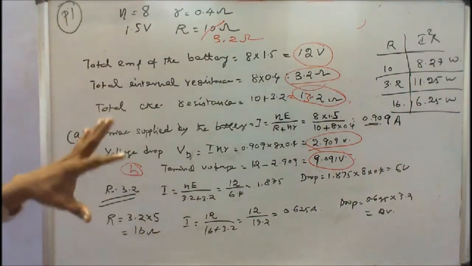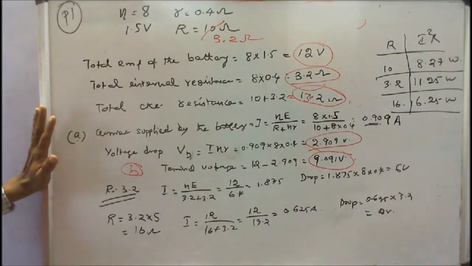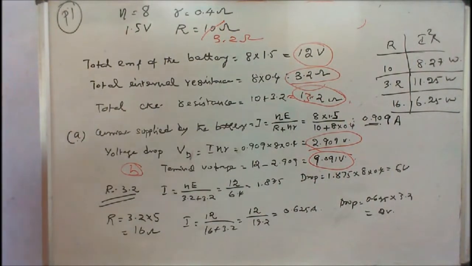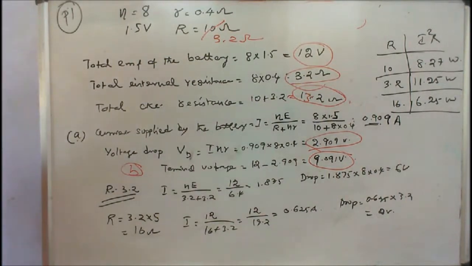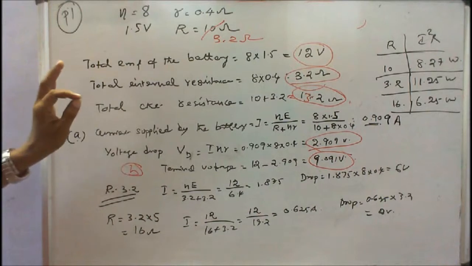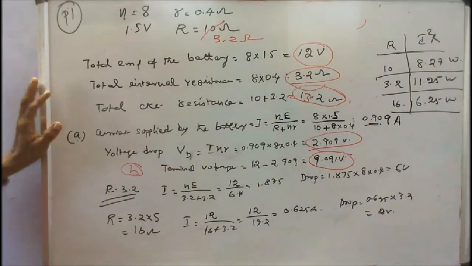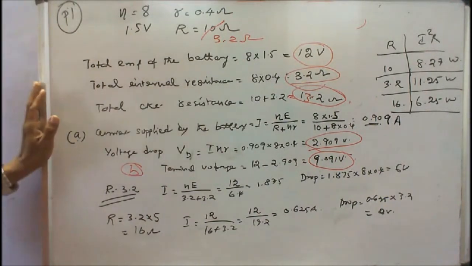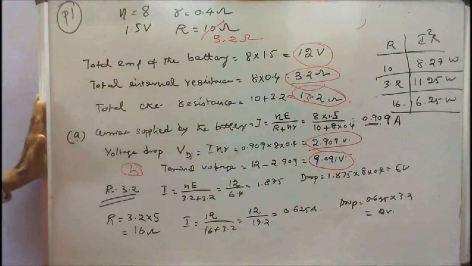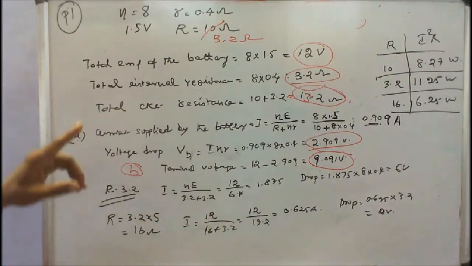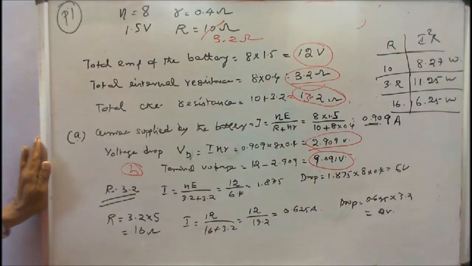Now I will calculate the power dissipation, I square R. For a 10 ohm resistor, the power is 8.27 watts. For 3.2 ohms, which is equal to the internal resistance, I will get 11.25 watts. Then for 5 times the internal resistance, 16 ohms, the power is 6.25 watts.